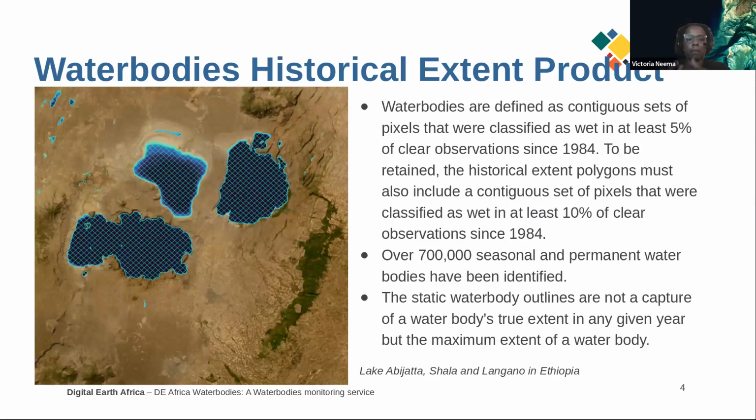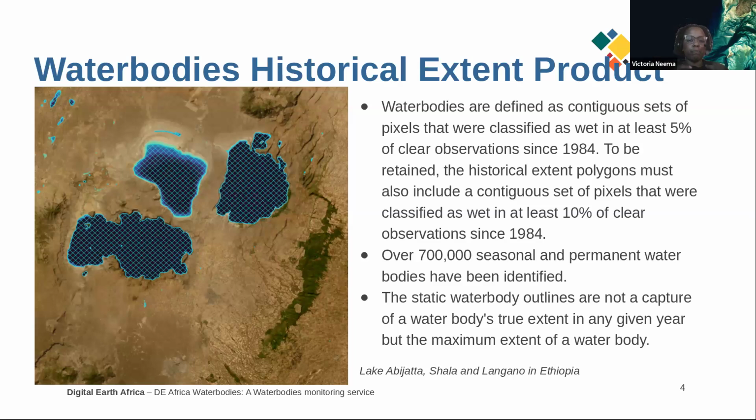This product is a polygon-based view of the water observation from space all-time summary product. And how we derived the water body polygons is we define them as being a set of pixels that are classified as wet in at least 5% of clear observations since 1984.